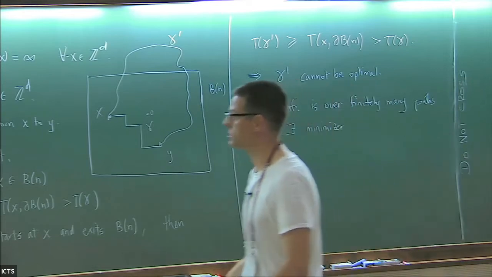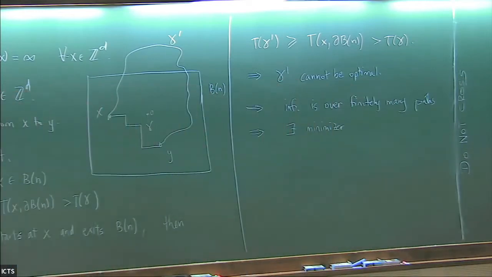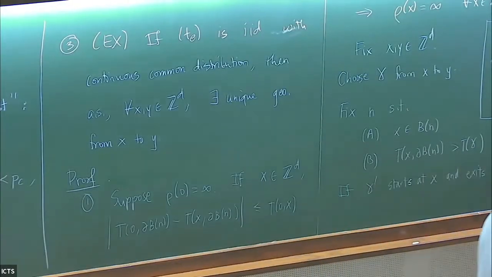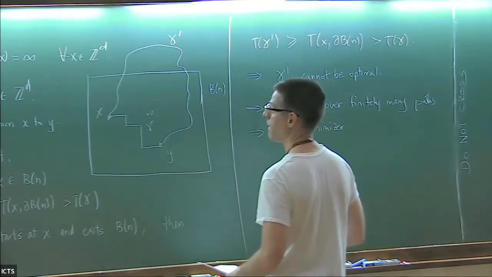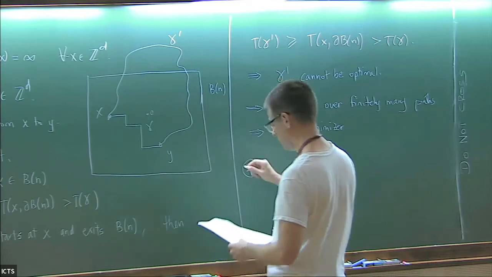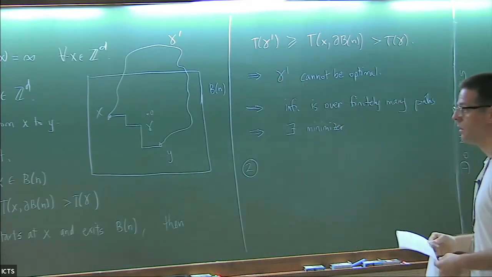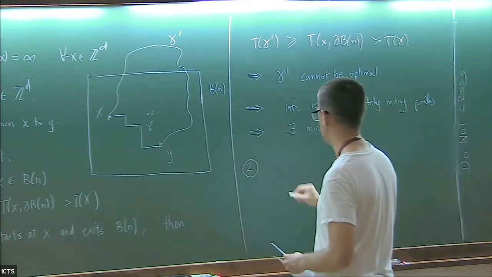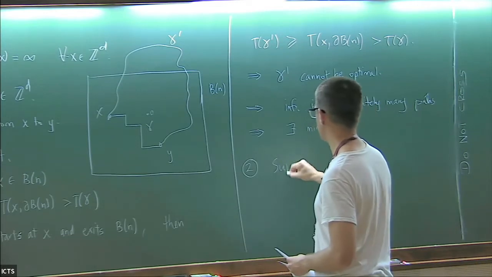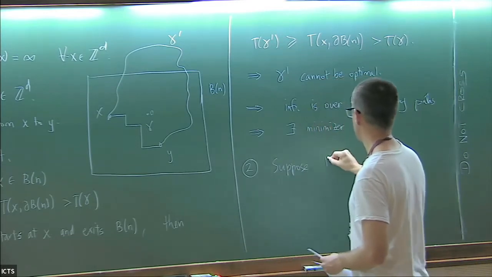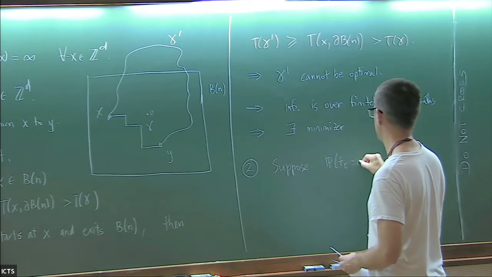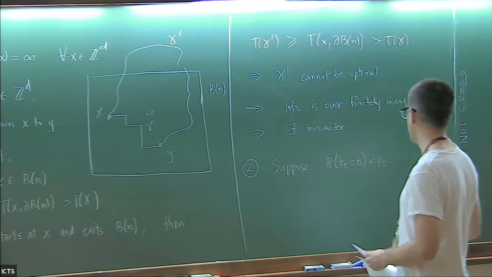Okay, so let's move on to part 2, which is that if the probability that t equals 0 is less than p_c, then rho(0) has to be infinite almost surely. Well, our assumption here is that the probability that t equals 0 is less than p_c.